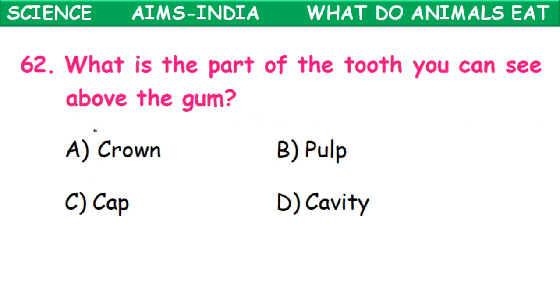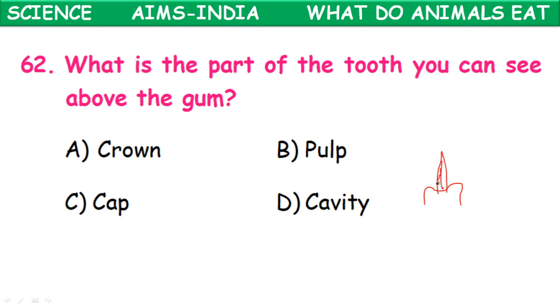What is the part of the tooth you can see above the gum? So I will draw the structure for your better understanding. This is the gum. This is the tooth.